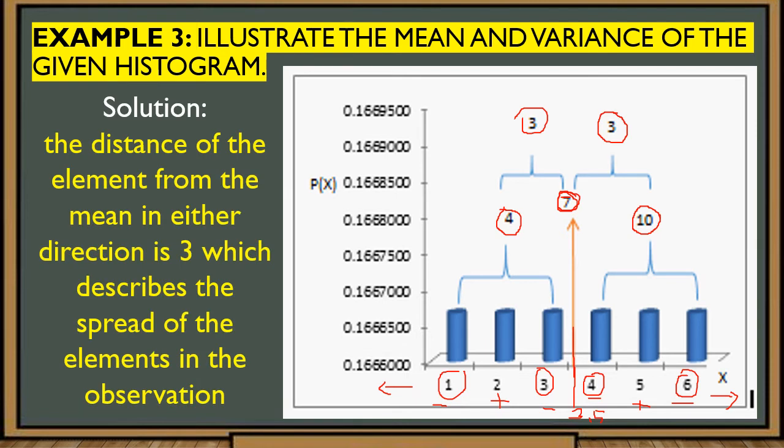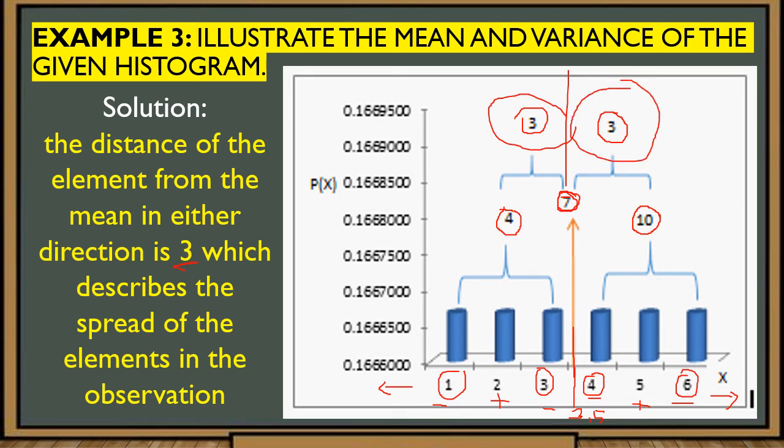So, what does 3 mean? The distance of the element from the mean in either direction, whether left side or right side, is 3, which describes the spread of the elements in the observation. So you have noticed that if we're trying to determine how spread the values are from the mean, in any direction the distances are equal.